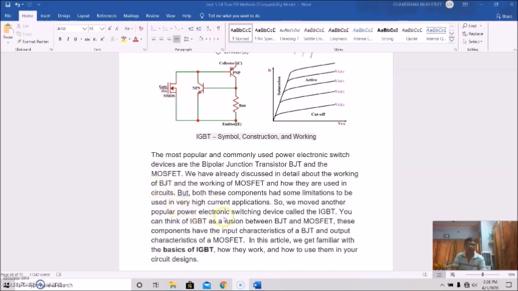You are already familiar with these, but these components have some limitations in very high current applications.